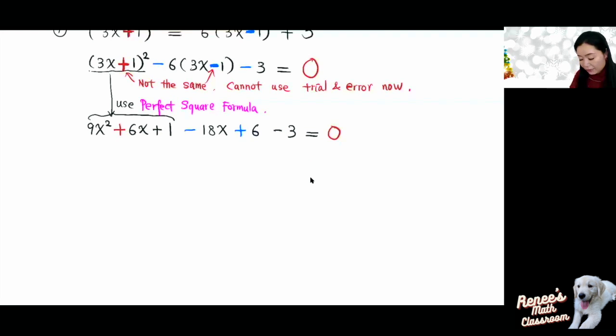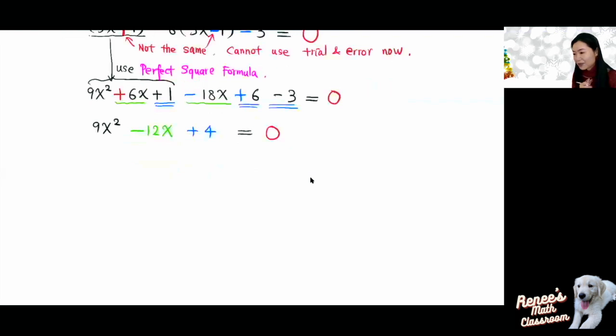So we have 9x squared. So combine like terms over here. Okay, so you have this 6x minus 18x, so you have minus 12x. And then you have this adding 1, adding 6, and then minus 3, which is going to be 4. So plus 4 equal to 0.